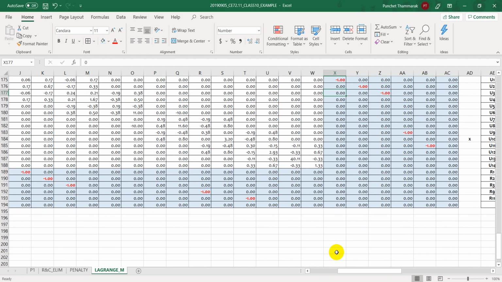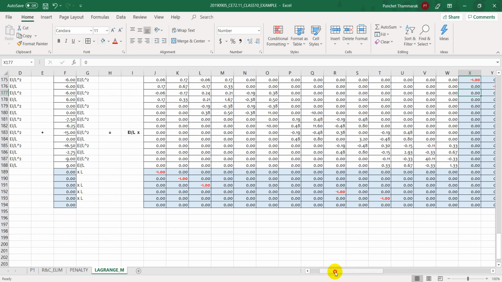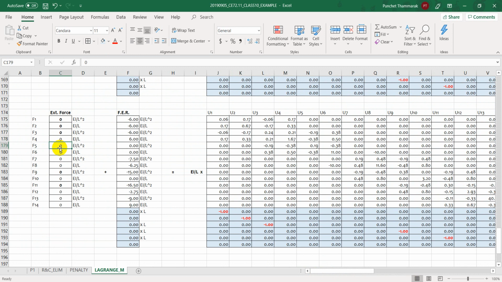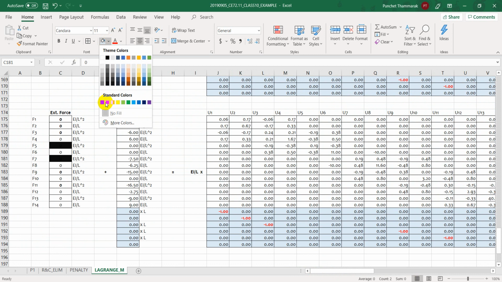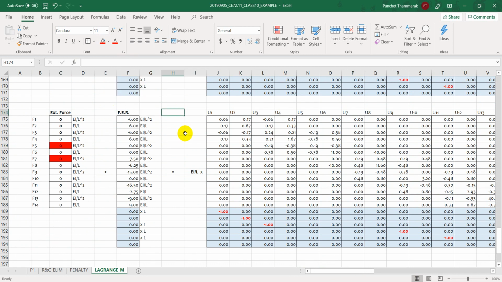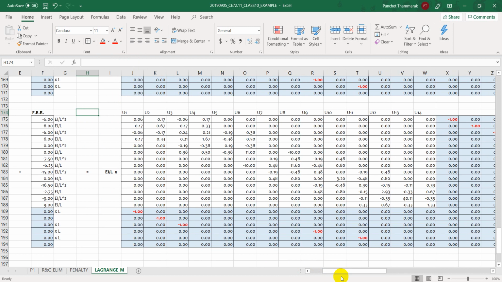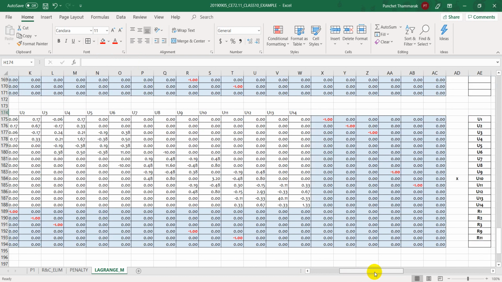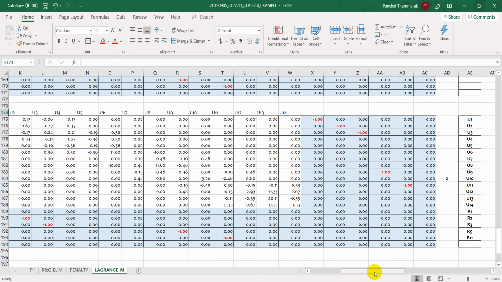The last equation, what we need to talk about, we have not talked about this yet. This external force is applied at these 2 degrees of freedom. Well, first of all, we want to say that U5 is equal to U7, or U5 added with U7 is equal to 0.